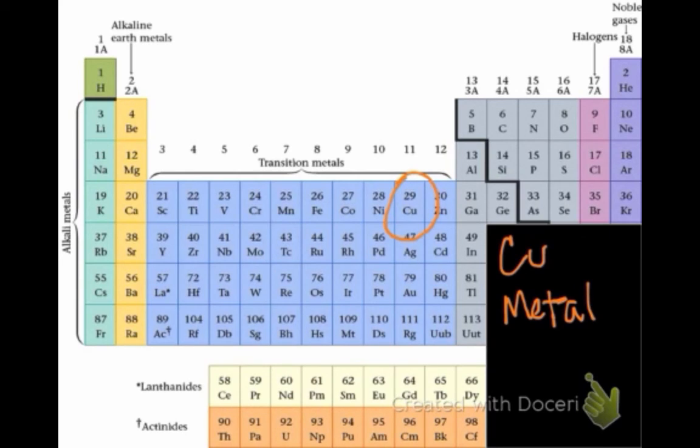More specifically, copper is in the transition metals. Its atomic number is 29. And knowing what we know about the transition metals, even if we didn't know what copper was, we could say that copper is a good conductor, copper is fairly non-reactive, and most likely found in nature in its pure form.